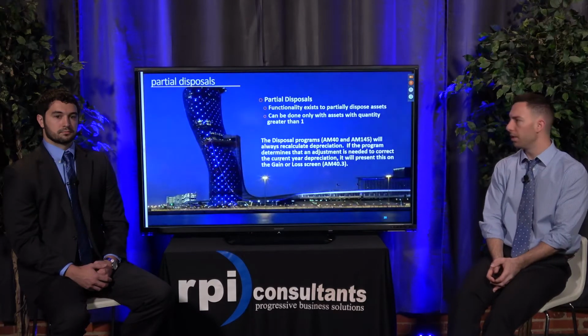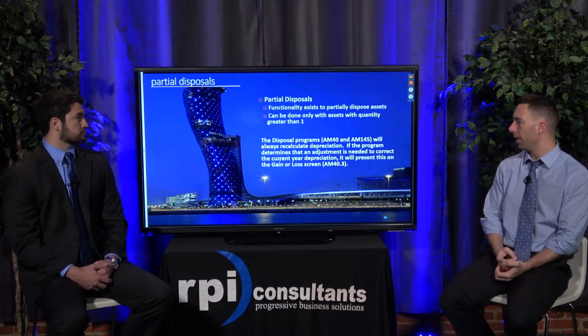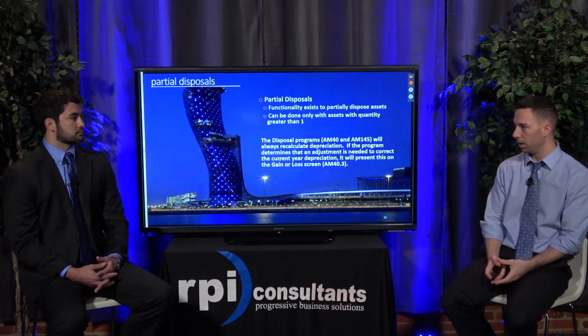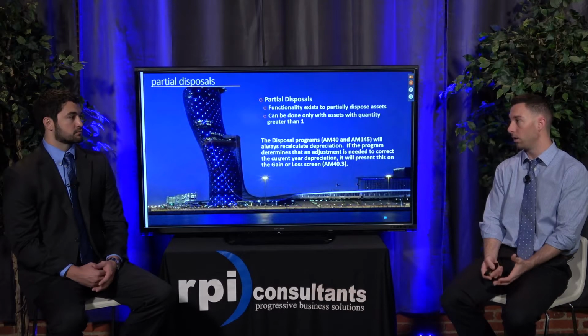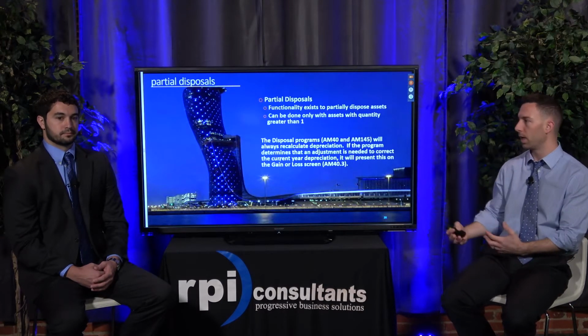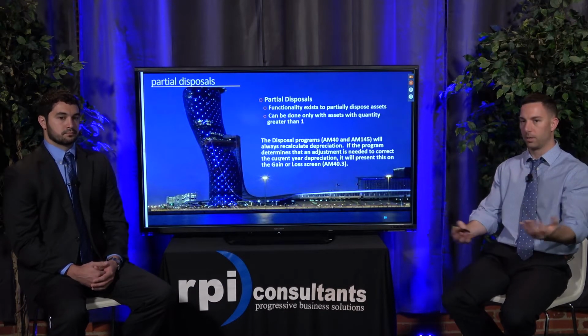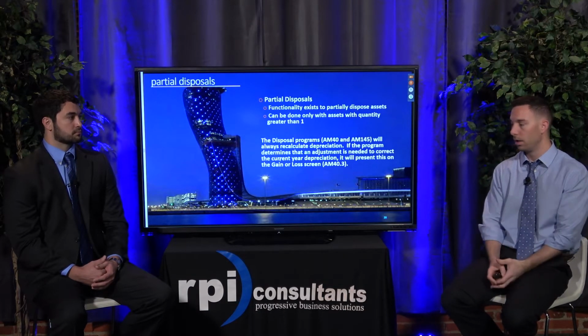Okay, we touched on partial disposals a couple times today, maybe indirectly. There is the ability to fully dispose of assets and partially dispose of assets, and Zach made it pretty clear earlier that we can't partially dispose of assets with a quantity of 1, and so that's why he was recommending splitting out assets into greater detail, so that if something happens, maybe there's a hurricane and a lot of your computers get broken, you can dispose of 25 of that 50 quantity on your asset.